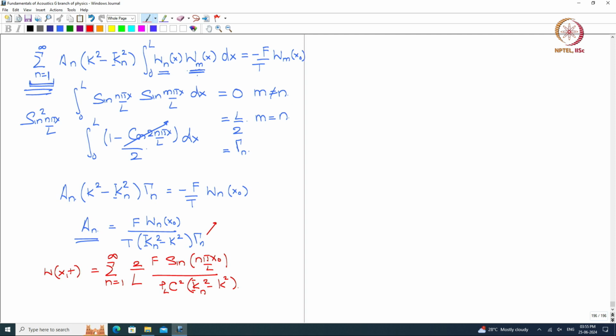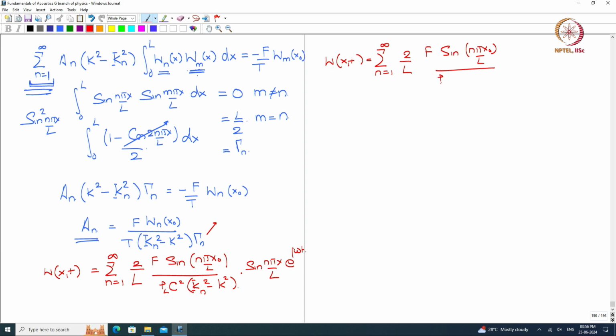Now I can bring c square inside, one more step. w of x comma t is equal to summation over n from 1 to infinity of 2 over L, force per unit length, sine n pi x naught by L, times sine n pi x by L e to the power of j omega t, and I take the c square inside.